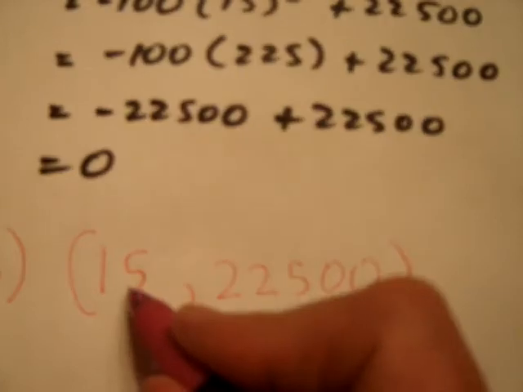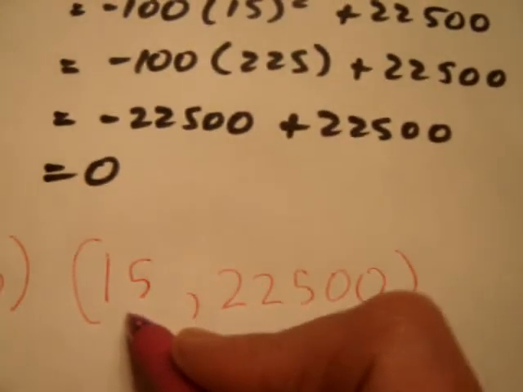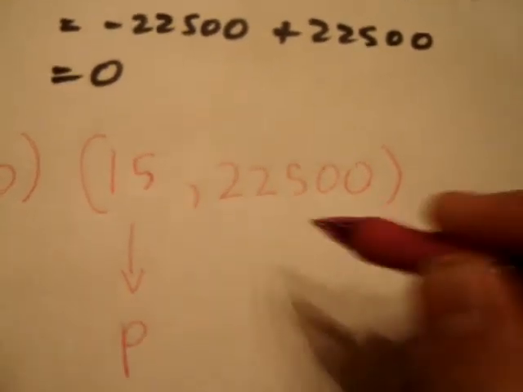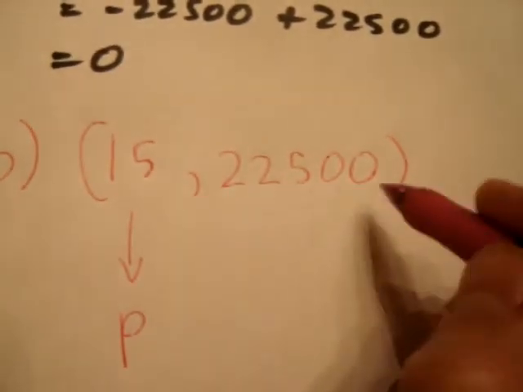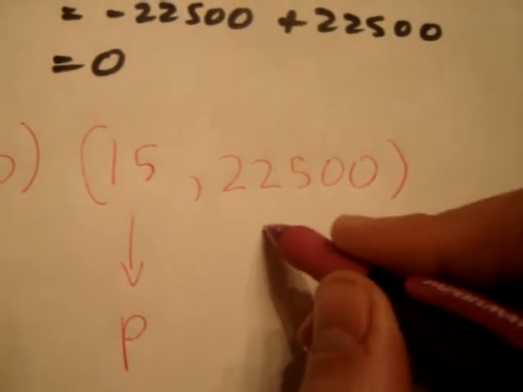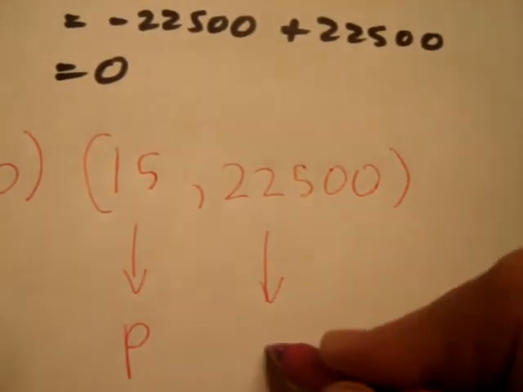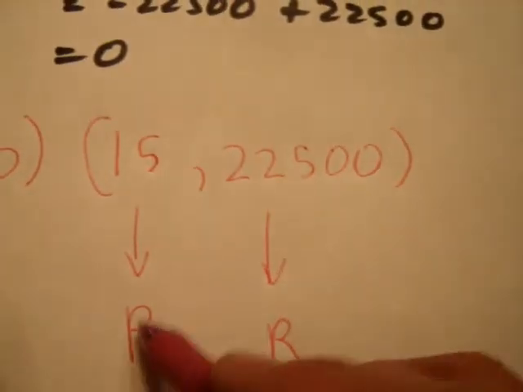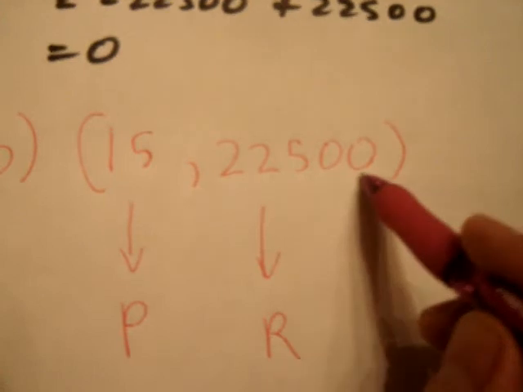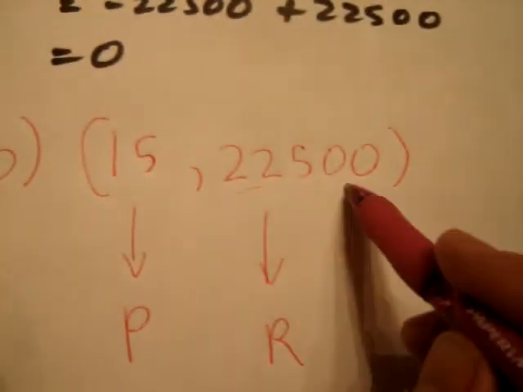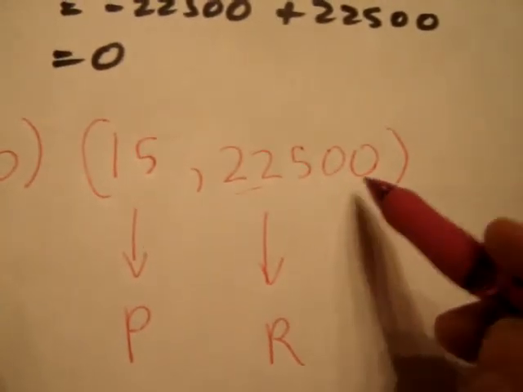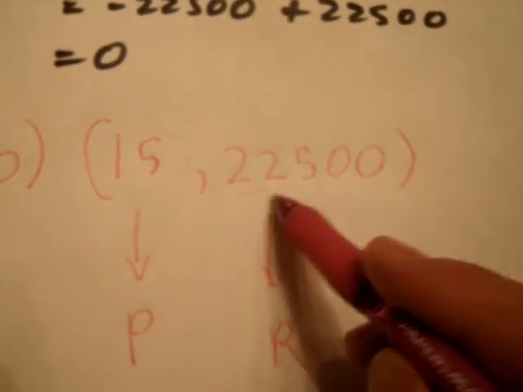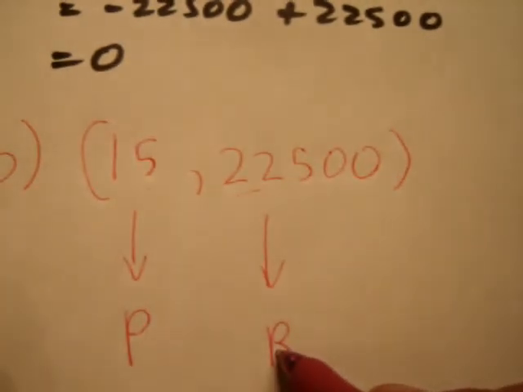Now remember, the x value, the letter that was in the position of x, was P. And the y value, the letter in the position of the dependent variable, was R. And this tells us that when the price is 15, our parabola reaches its maximum value of 22,500. So if you're running a hockey arena, that tells you charge $15 per person and you will make $22,500 in revenue.